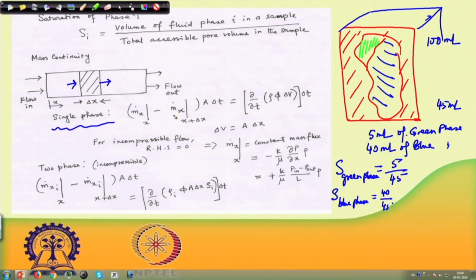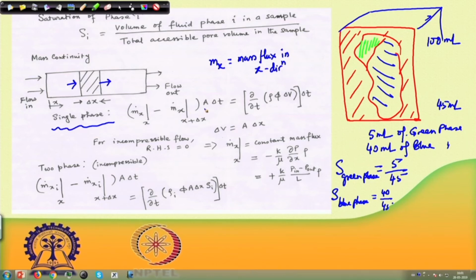Here m_x is the mass flux in the x direction, so in minus out, mass flux multiplied by A into delta t. A is the overall cross-sectional area, and delta t is the duration over which this is happening.